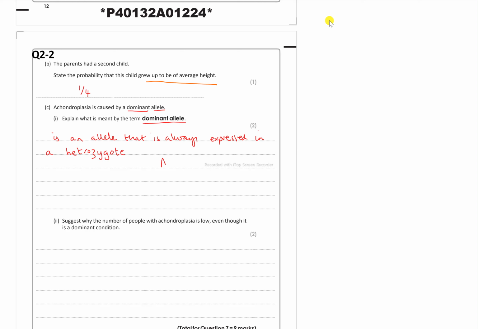So basically, if you've got a capital A, that will be expressed, so that will be dominant, and that there is recessive.